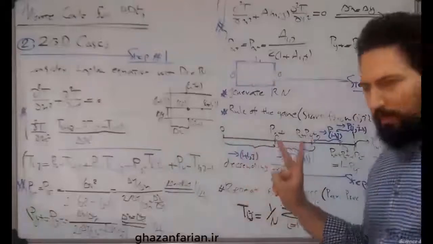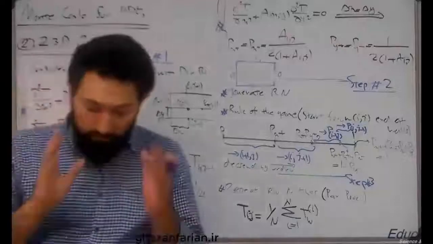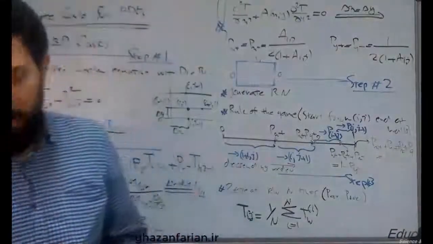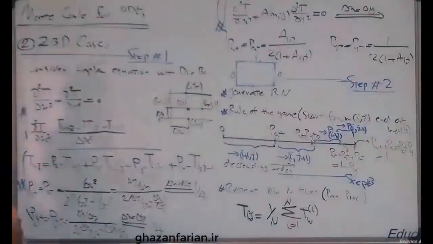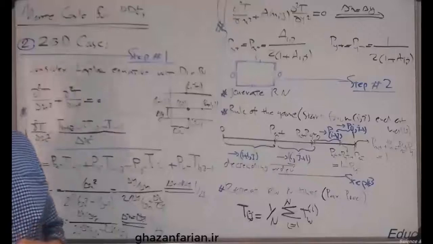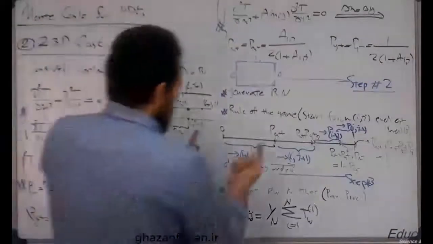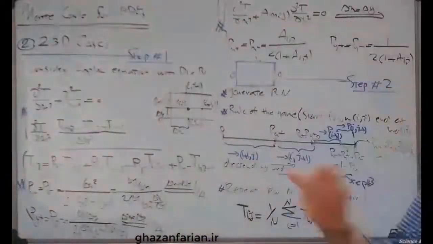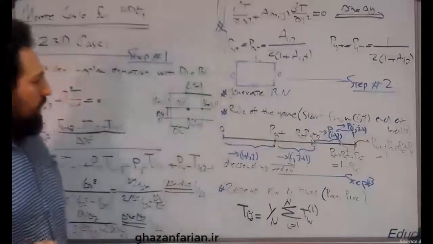The reason is that the most important problem of the Monte Carlo method is the computational time. So you have to minimize the number of comparisons in the numerical code. So if the greatest interval is the first one, the number of comparisons, or the number of if statements in the numerical code, will be the minimum.